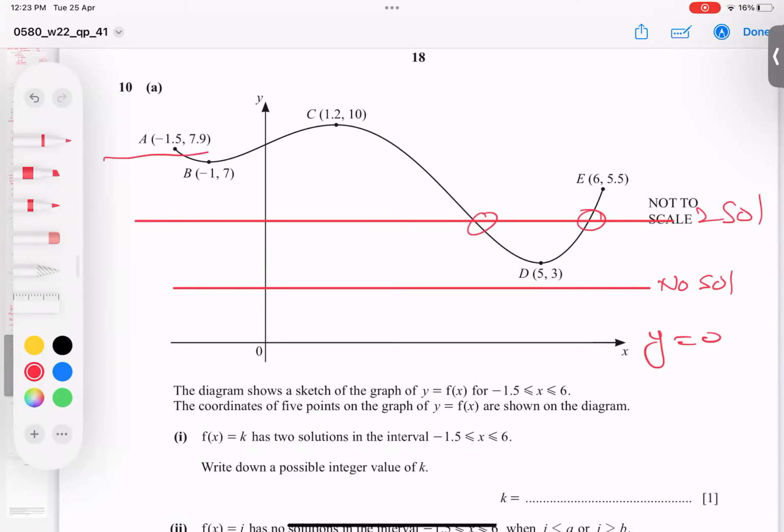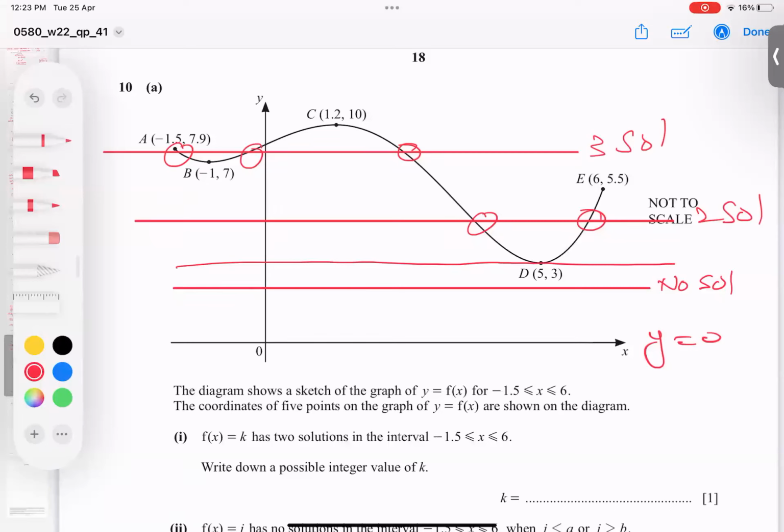And when the line cuts at three spots, you can see 1, 2, and 3, it has three solutions. And when the line touches, for example, here, it has one solution because it's touching only one point. So I hope that is very clear. And every time we look especially at the y values here, this is very important. I hope the idea of solutions is very clear.